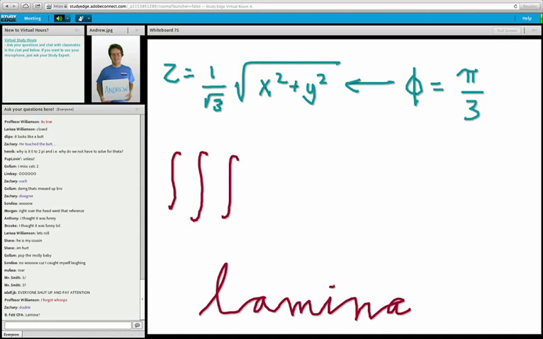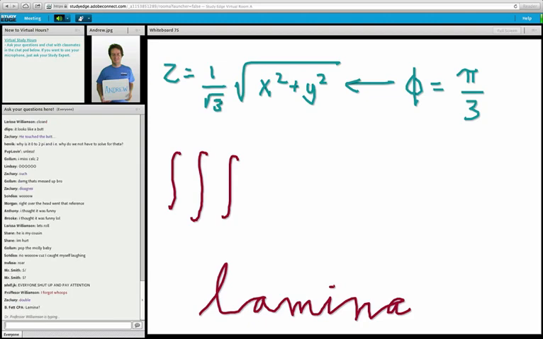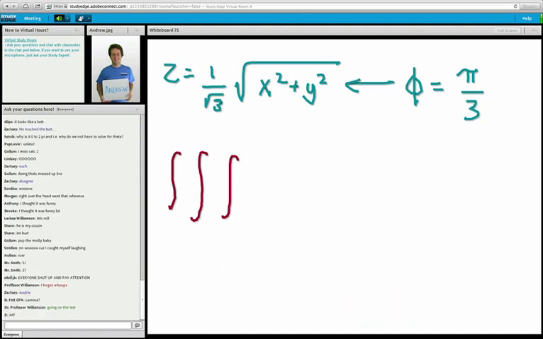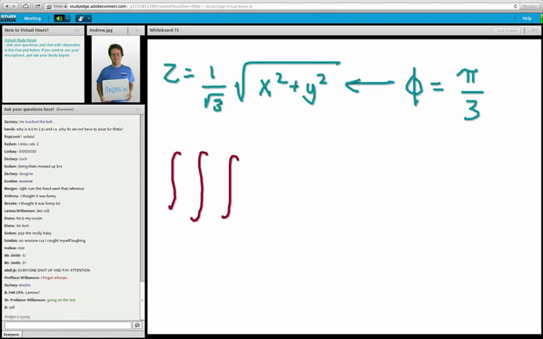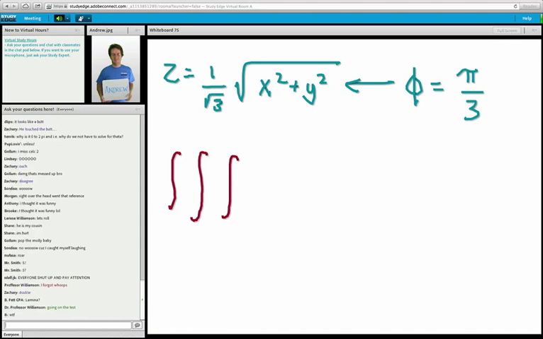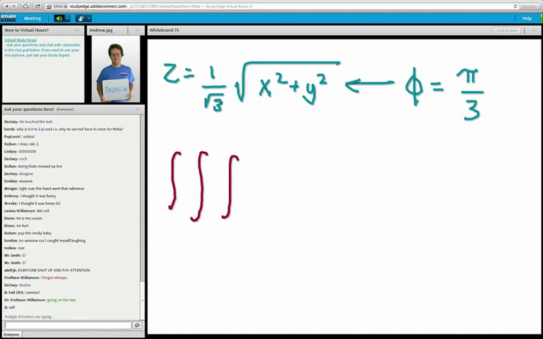It doesn't happen often, but if you see it, it just means plate. It'd be a double integral. And if you see the word wire or curve, that would be a single integral. So don't worry, lamina, not a big deal. I'm just trying to give you all the different words that could possibly be on that exam.